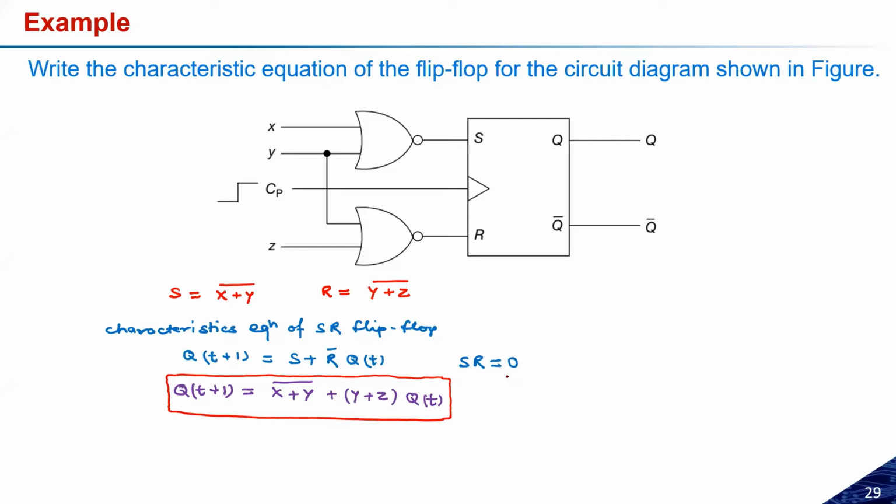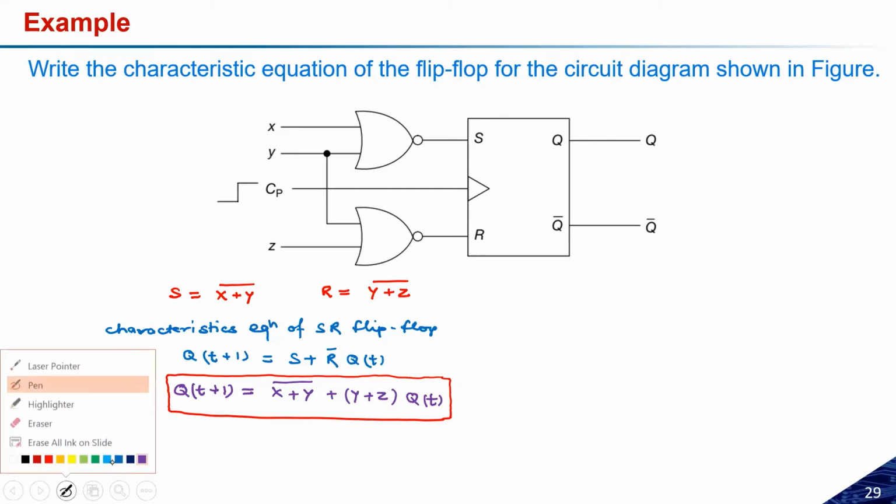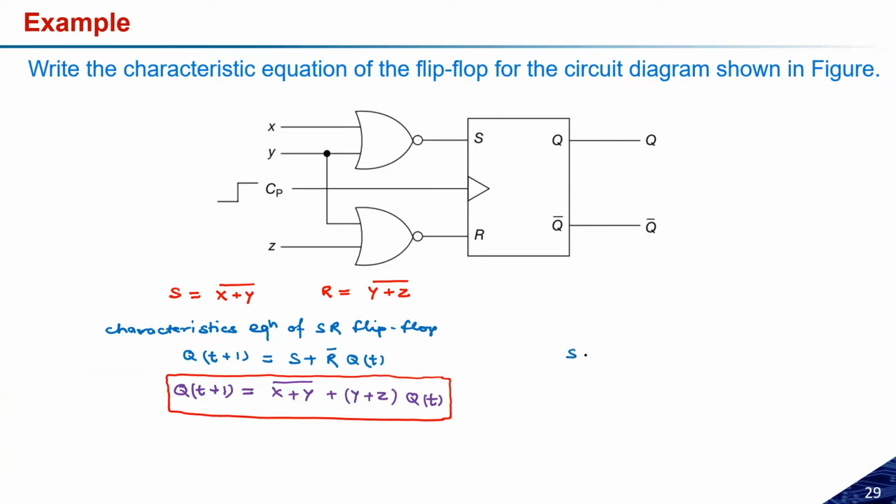After putting in SR is equal to 0, what will I get? S is X plus Y complement, into Y plus Z complement.